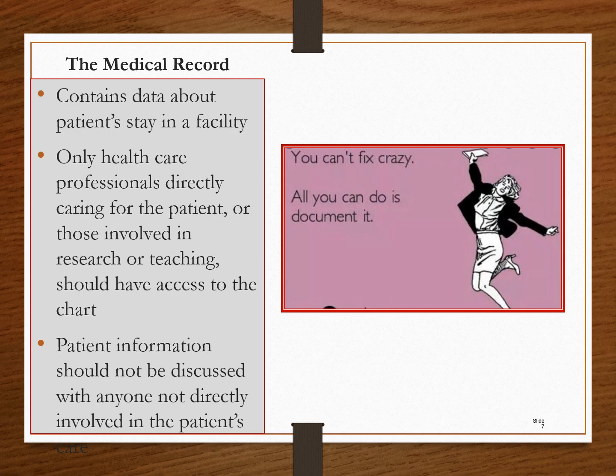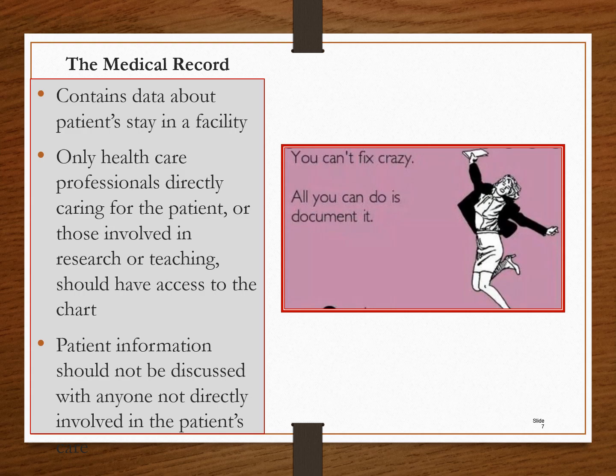In long-term care, they don't necessarily document everything that happens every day, but all meds that are given are documented. Baths are documented. Any physician visits are documented. But in an acute care facility or a rehab facility, everything is very much documented, everything that they go through throughout the day.